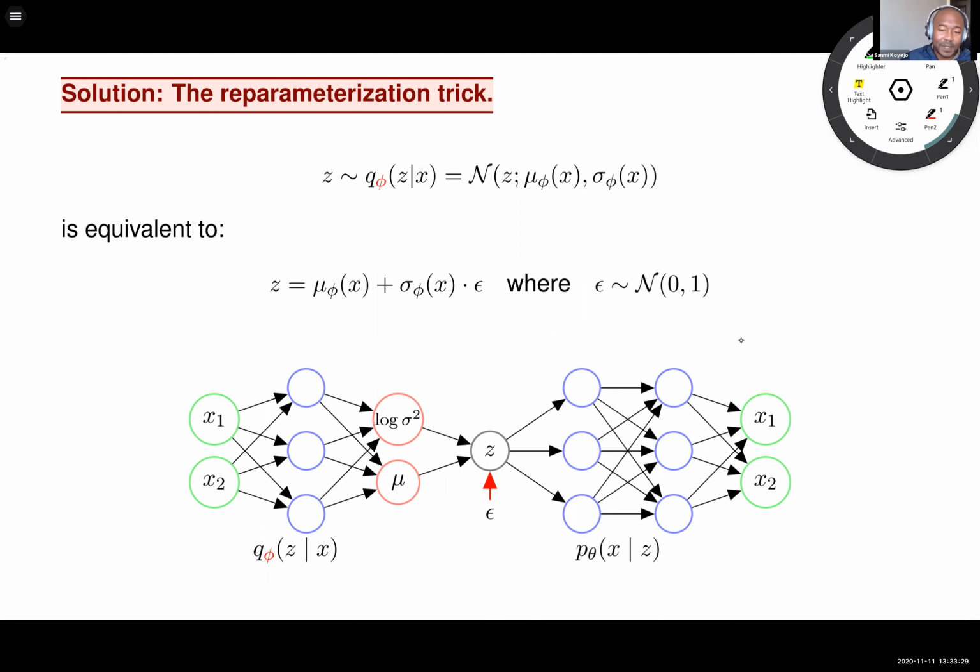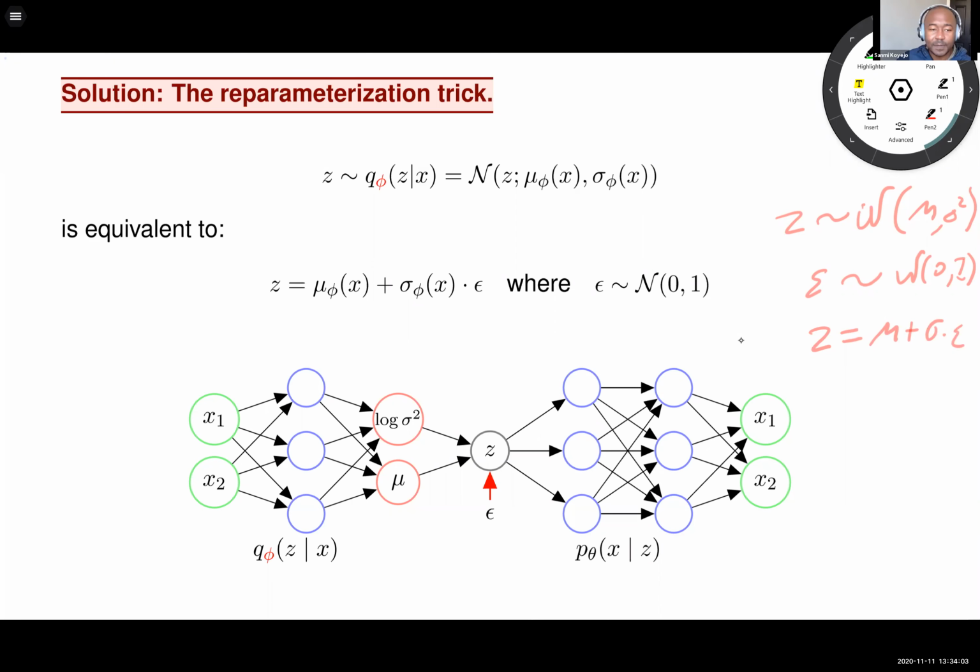For Gaussians, if I have Z drawn from a Gaussian with mean mu and variance sigma squared, I can always write it as first drawing epsilon from a Gaussian with zero mean and identity covariance, and then stating that Z is equal to mu plus sigma times epsilon.